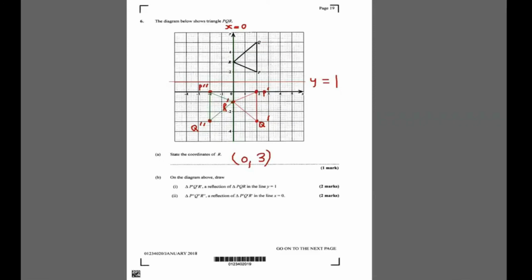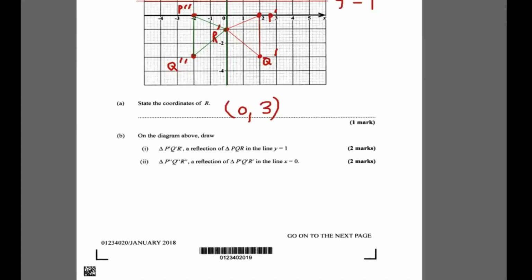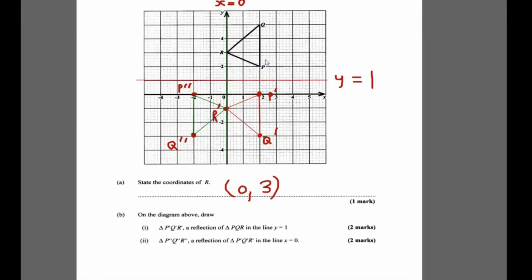No issues. It says describe fully the single transformation that maps triangle P double prime Q double prime R double prime onto triangle PQR.